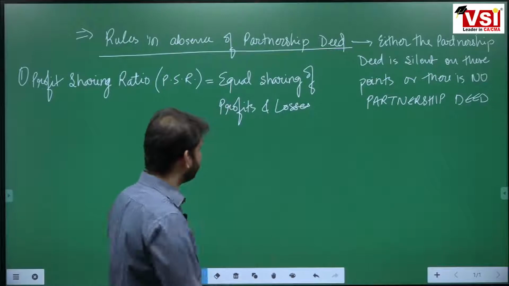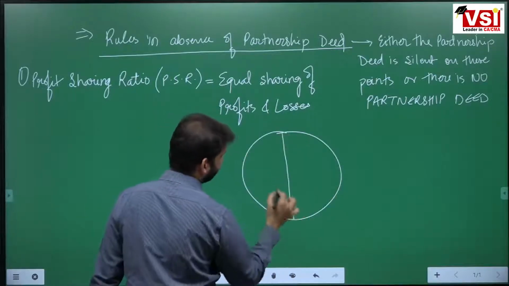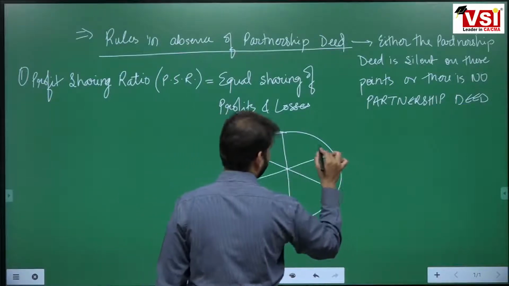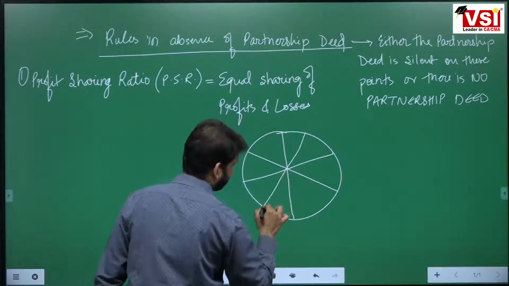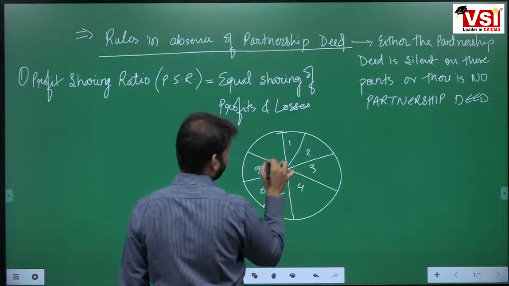To understand this, you can just imagine this as a pizza. We all love pizza. One, two, three, 4, 5, 6, 7, 8.